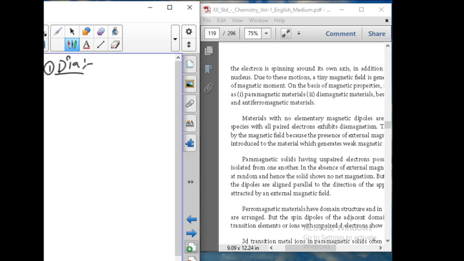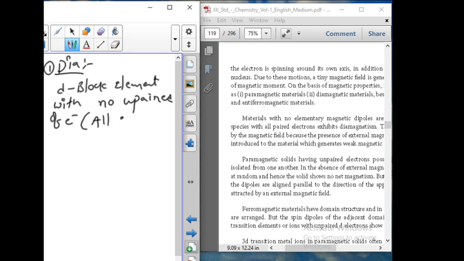If any d block element contains no unpaired electron, meaning all electrons are paired, that is called diamagnetic.